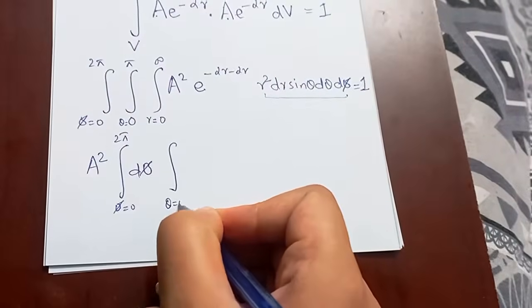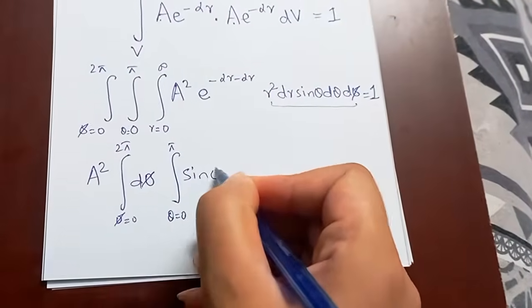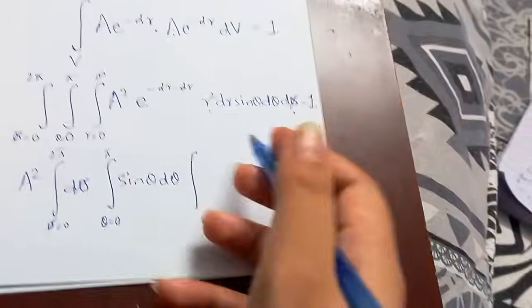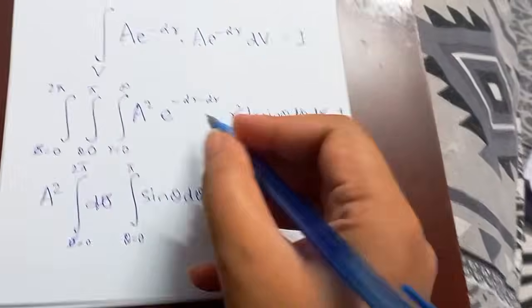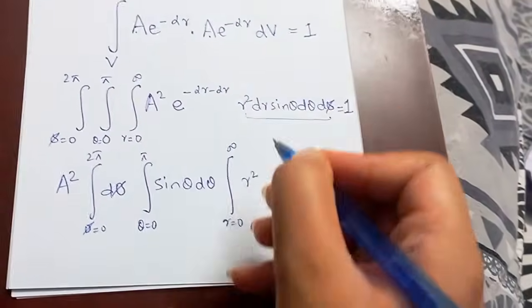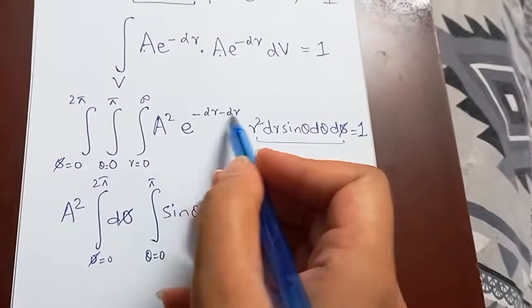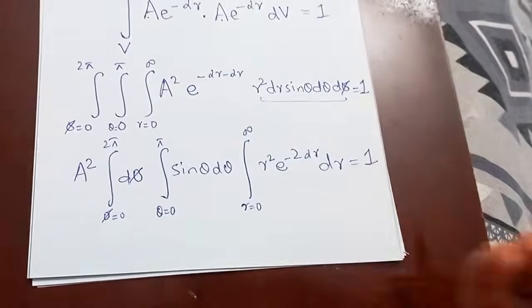Then theta from 0 to pi, we have sine theta d theta for it. And then we have r from 0 to infinity, and for this we have r square and this e to the power minus 2 alpha r, where the power is added, and dr, equal to 1.